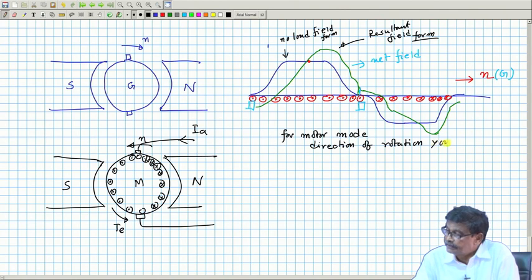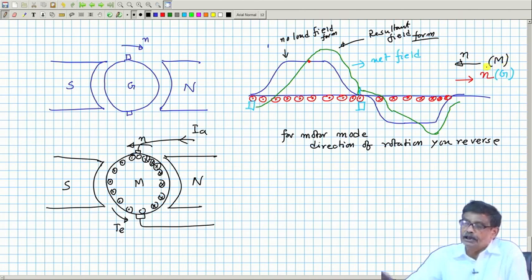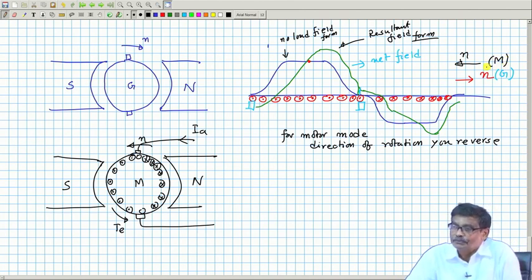That is, this is generator, you just write it in this way, same diagram, reverse and write motor. Very good. Absolutely no problem. That is what it means. Therefore, I need not always draw motor and generator mode separately.